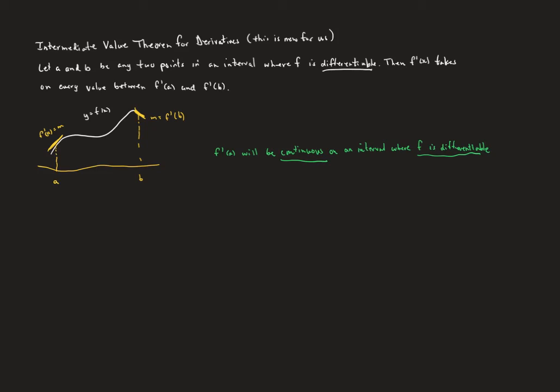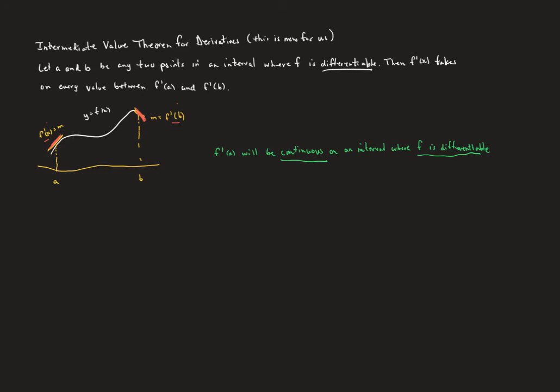So we have some function, and we see that the derivative at a is some particular value. There's f prime of a. And the derivative at b is some other value. There's f prime of b. Then the f prime function will have to equal every value in between f prime of a and f prime of b, very much like the intermediate value theorem works.